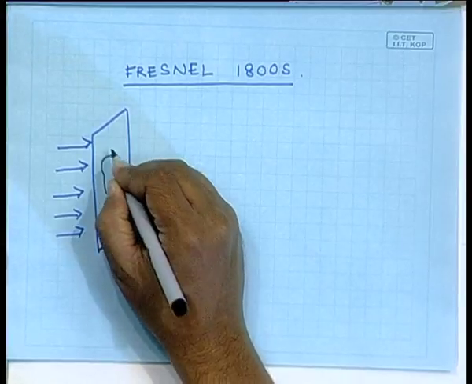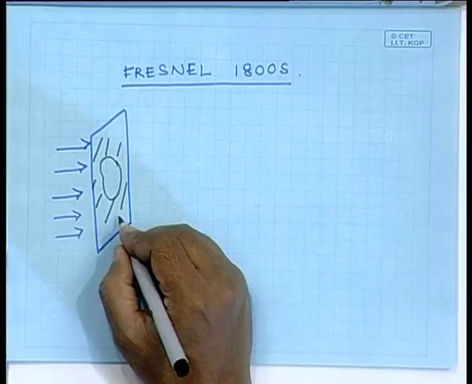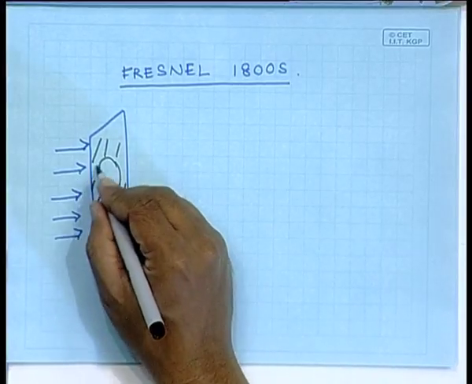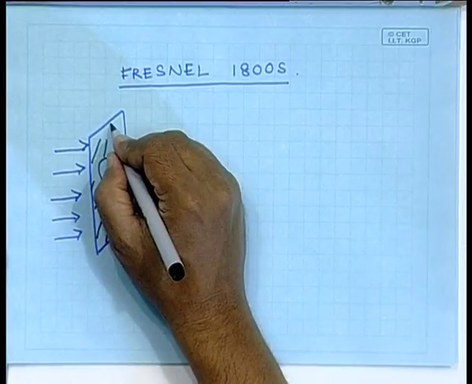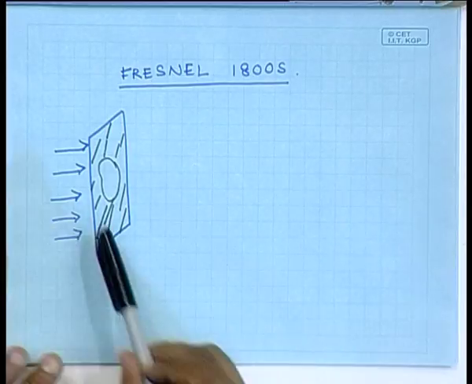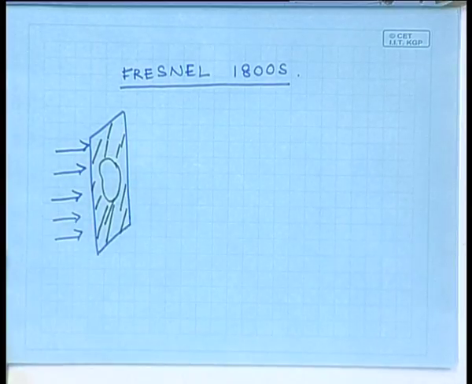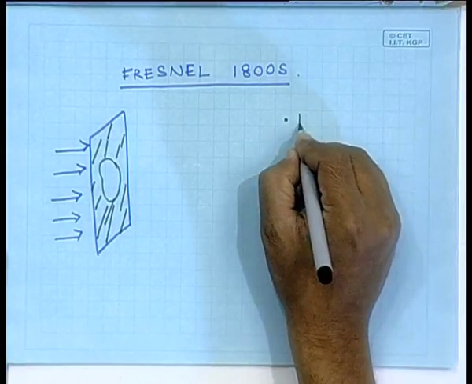So, this part of the screen is opaque, and except for an aperture through which the wave can pass, the rest of the screen is opaque. And we would like to study the intensity of the radiation that passes through, the wave that passes through, at some point P over here.